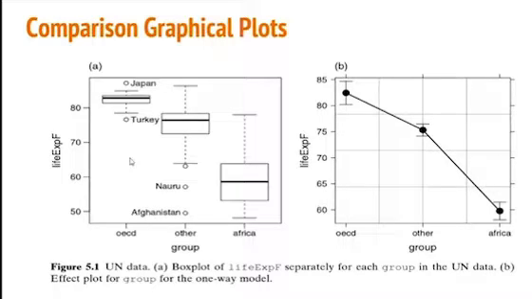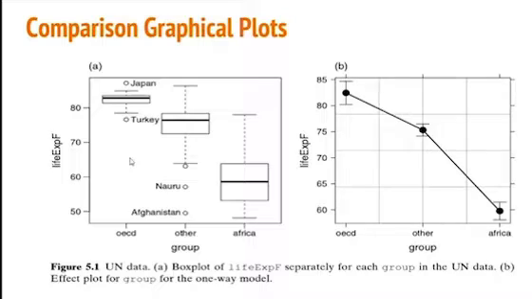And with the possibility of outliers, if you take a look at the OECD, I'm seeing Turkey, I'm seeing Japan, possible outliers. And when you take a look at the others, I'm looking at Nauru and Afghanistan. And in the case of Africa, I think there is no visible outlier.